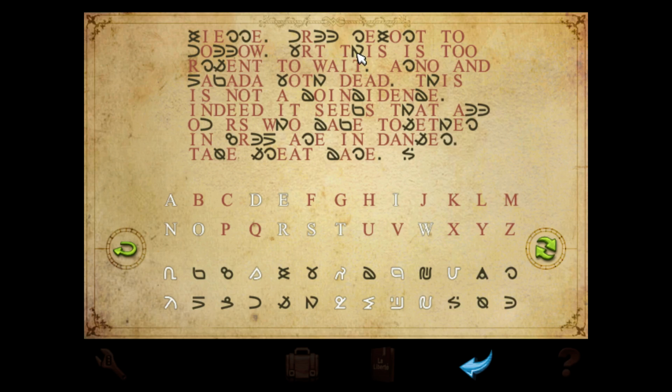If this is this, then that would be an H. So we'll try that symbol. This is working. Both now. B. All right. Not a coincidence, I think.